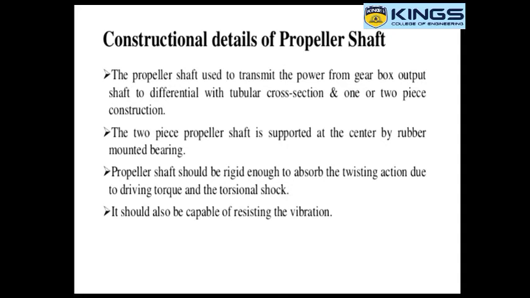Coming to construction, it has a tubular cross section, with one or two pieces of construction. Generally it is a hollow tube, and the two-piece shaft is supported by rubber mountings. It is a rigid construction capable of resisting vibrations.